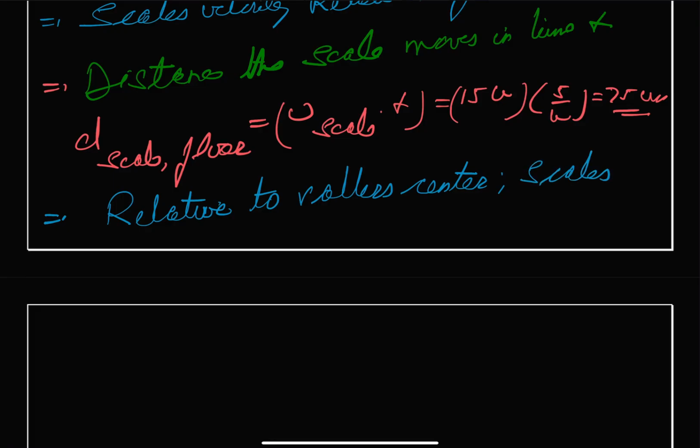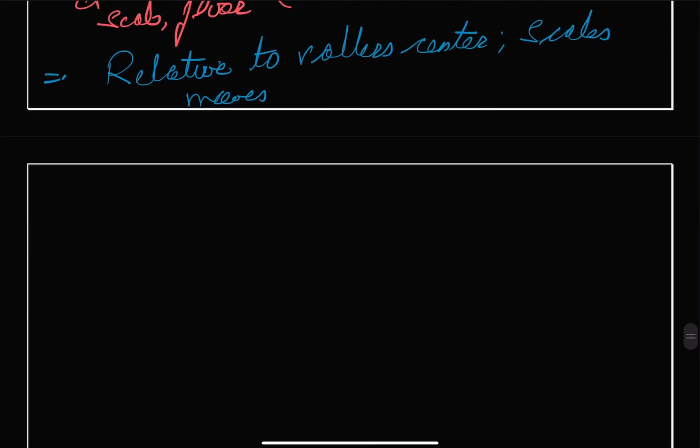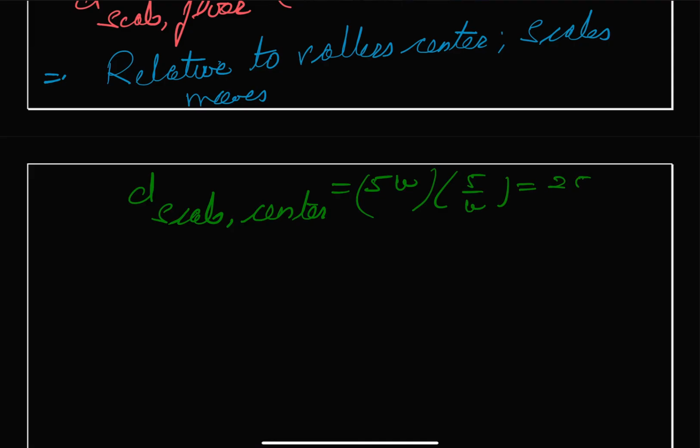The scale moves, we can call this d of scale with respect to center, will be equal to 5 omega, and time is 5 upon omega. This comes as 25 centimeters.